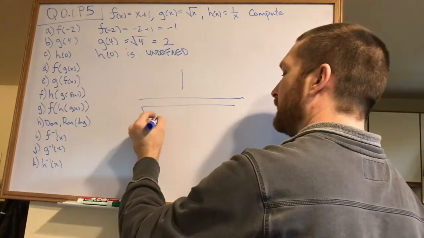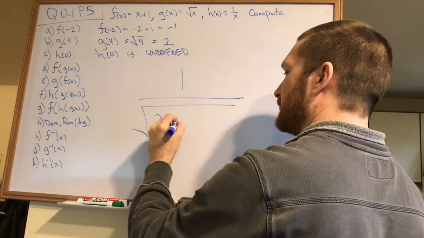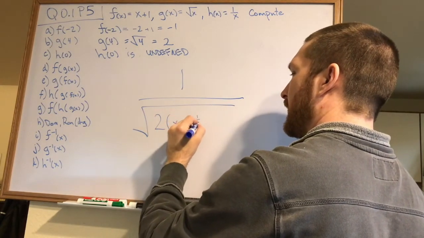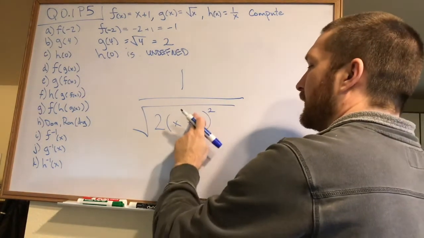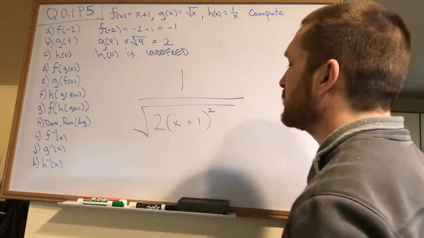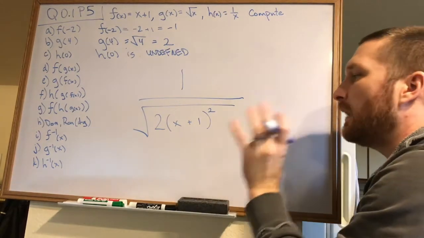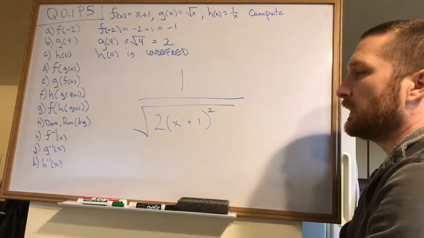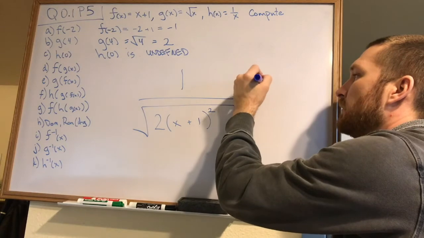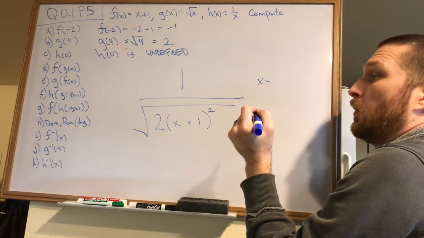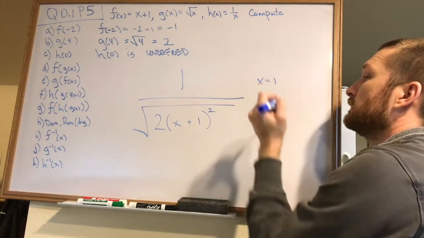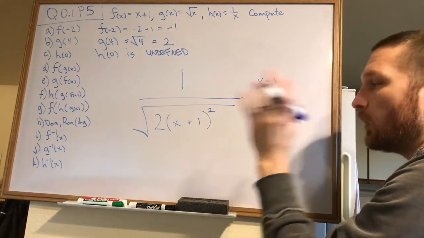I don't know, maybe it's 2 times x plus 1/2 quantity squared. Let's not make it plus 1/2. Okay, so now if I gave this formula to you and I said, now evaluate where x equals, how about 1, right? What would you do?